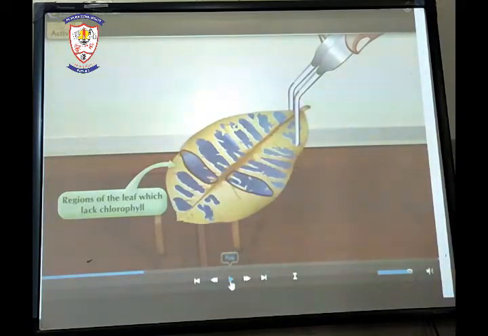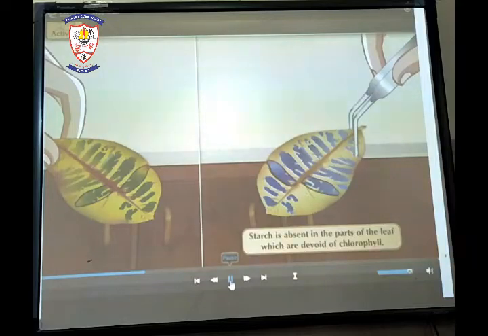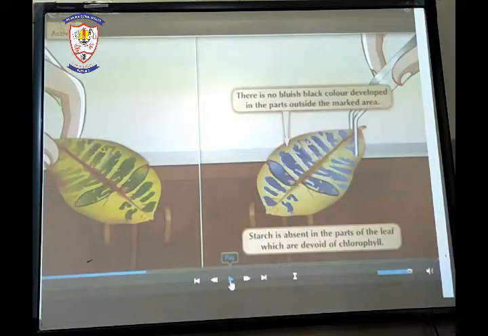You will find some regions of the leaf which lack chlorophyll do not turn bluish black, so we can say that starch is absent in the parts of the leaf which are devoid of chlorophyll. Hence, there is no bluish black color developed in the part outside the marked area.